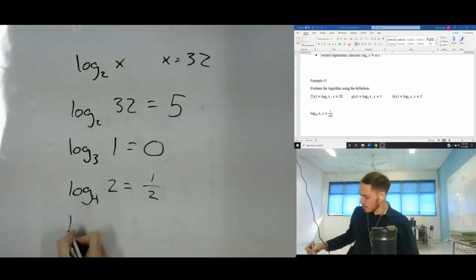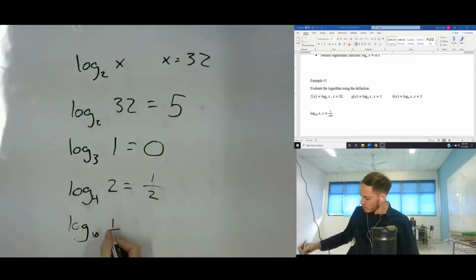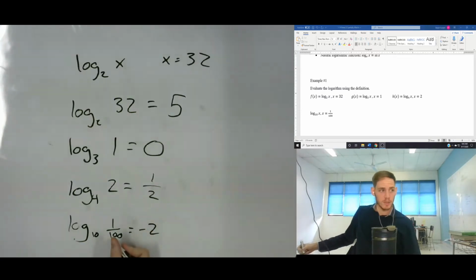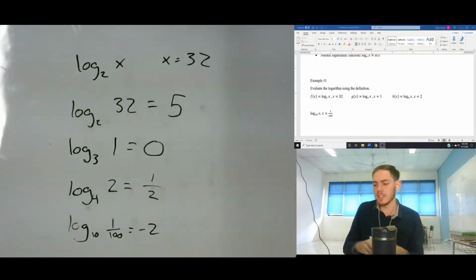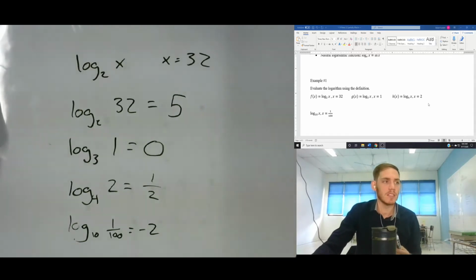And then log base 10 of 1 over 100 is going to equal -2, because 10 to the -2 equals 1 over 100. So let's look at some of our properties.